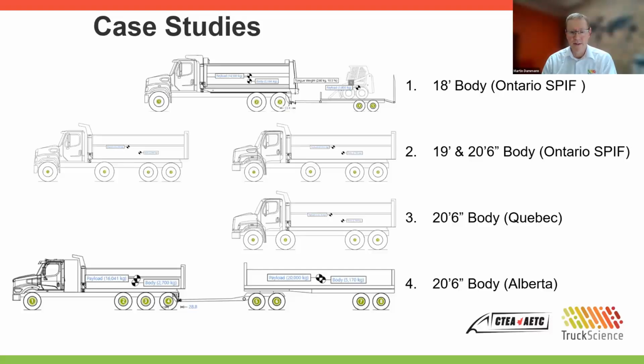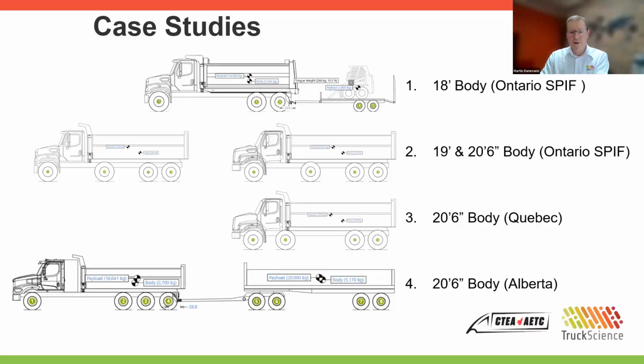To demonstrate the process of configuring an efficient vehicle, I'll take you through a live demo using our axle weight calculator. We'll start off with a set forward axle 6x4 chassis and add an 18-foot dump body. Here we want to determine our baseline carrying capacity under the Ontario SPIF regulations. I'll also add a bobcat trailer to show you this commonly used option.